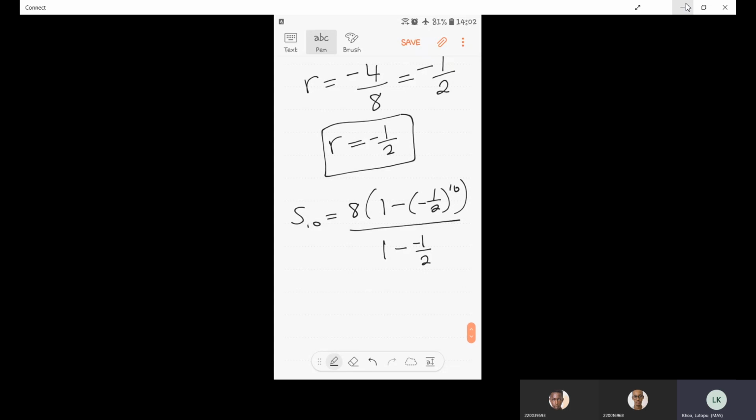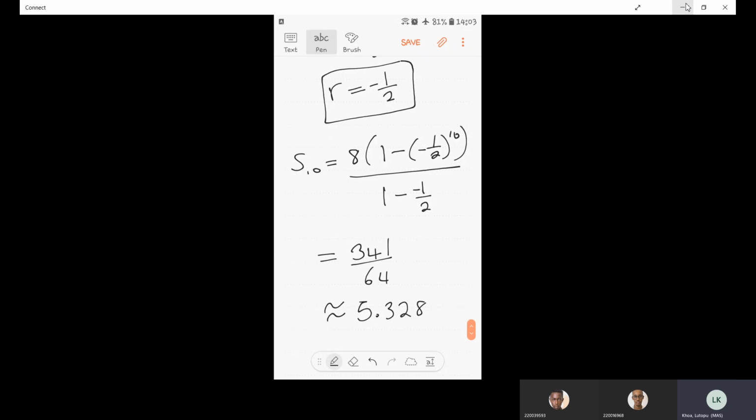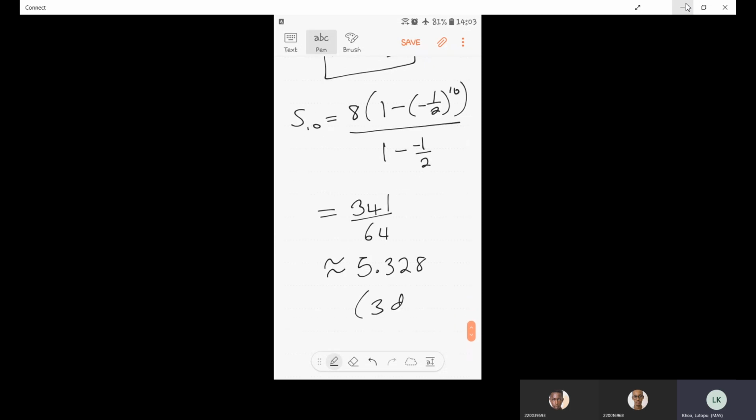So you can also try it with the other formula. You will notice that the answers are exactly the same. So doing this, you just work it out on your calculator, and what you should get is 341 over 64, and this is approximately 5.328 if I want to write it to 3 decimal places.